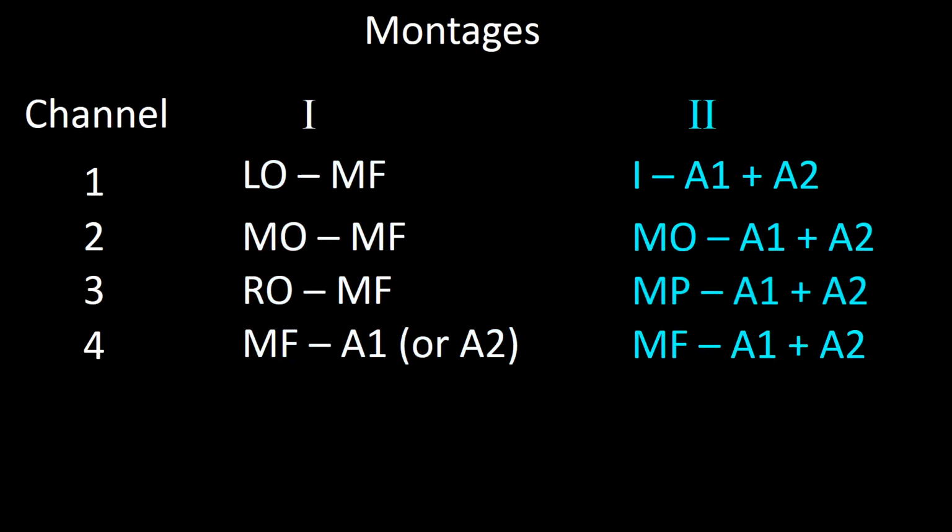The second montage connects the inion, mid-occipital, mid-parietal, and mid-frontal electrodes to a combined ear reference. This montage is used if the first montage shows no identifiable or clear wave patterns. Looked at from above, the occipital electrodes, when we use the Queen Square system, look as you see here.